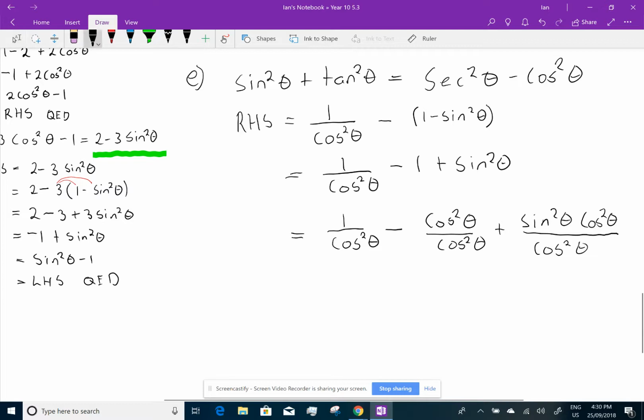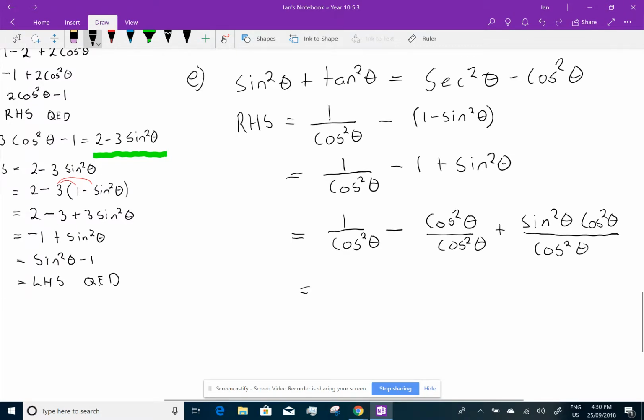Okay, let's see how this works. So I've got 1 minus cos squared theta plus sine squared theta cos squared theta. I don't think this is going to work. All over cos squared theta.